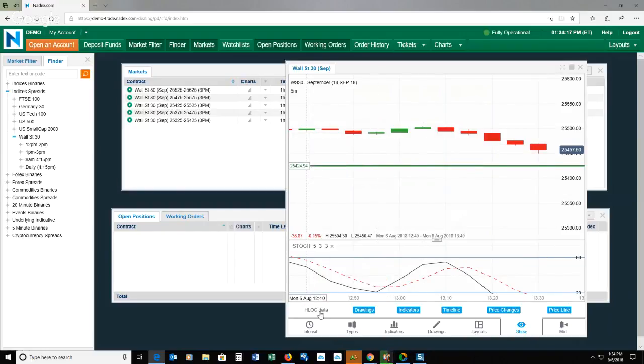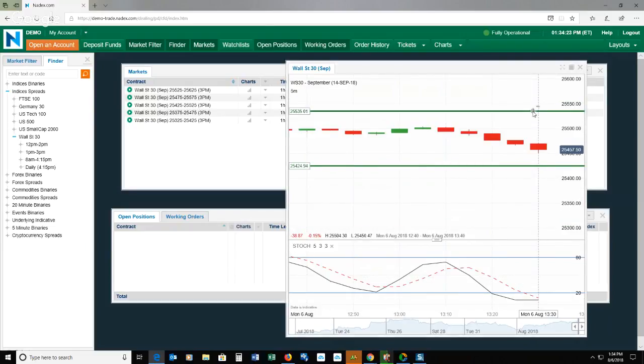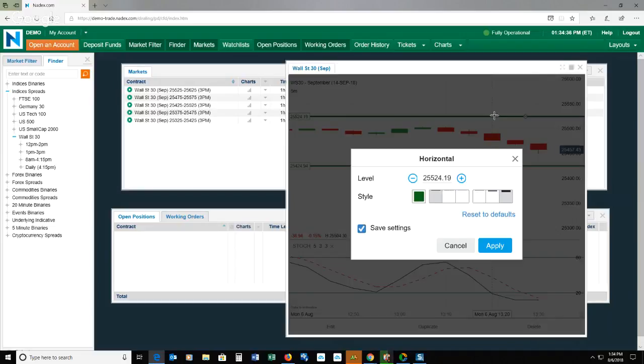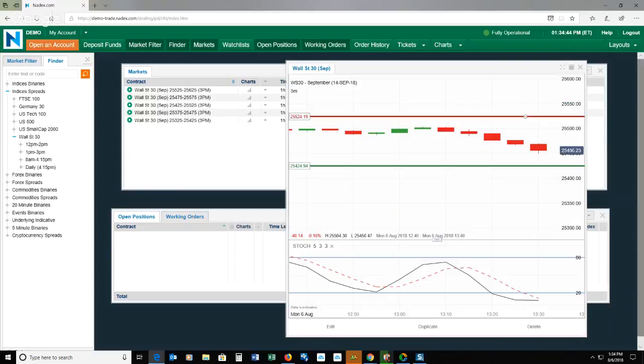Okay, take that one off. We're going to put another horizontal line on here. And we want it a little bit lower. So we'll put it there. And in this case, I'm going to make this red. And there's a reason I'm going to do these colors. So give me a minute.